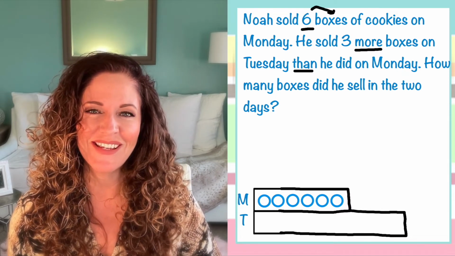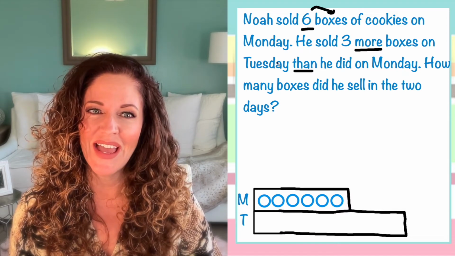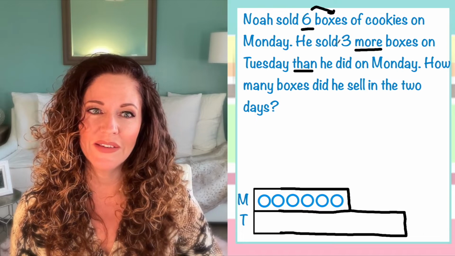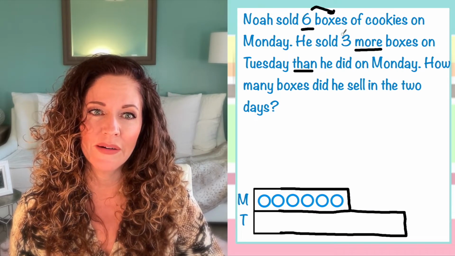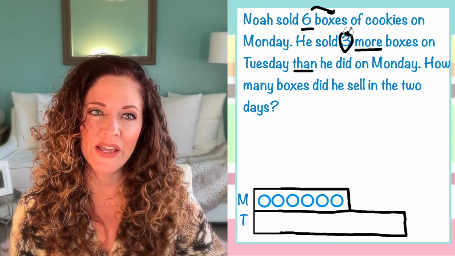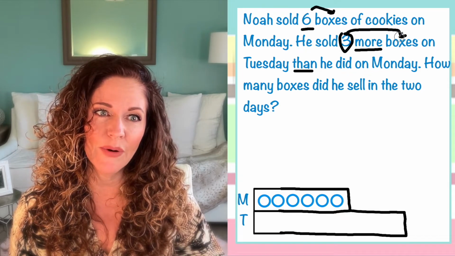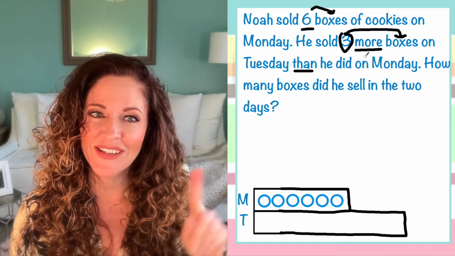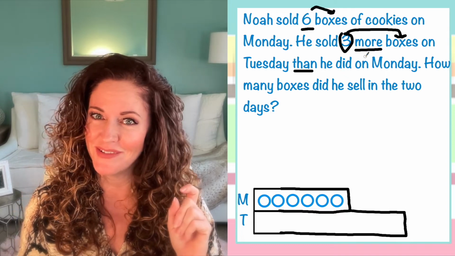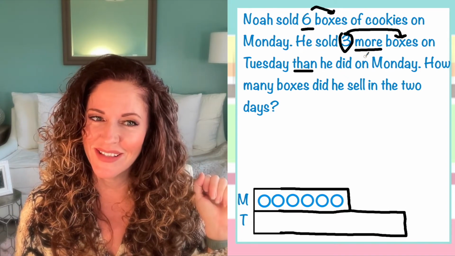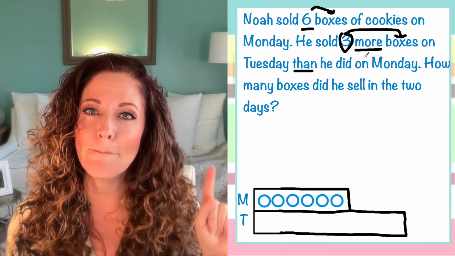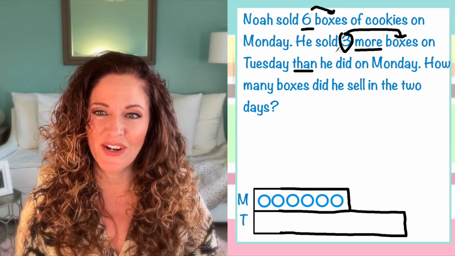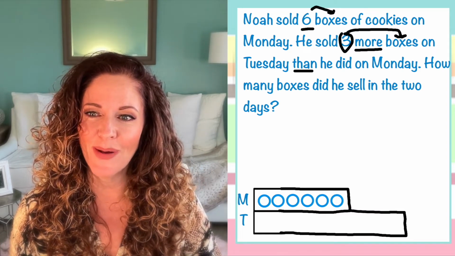Okay, so we know he sold 6 boxes on Monday. He sold, oh, look, guys, here's our number. Here's our number. And there's what our number is counting way over there. So it doesn't say he sold 3 boxes on Tuesday. I can't just put 3 boxes. It says he sold 3 more or 3 extra. So think about how that would change our model.